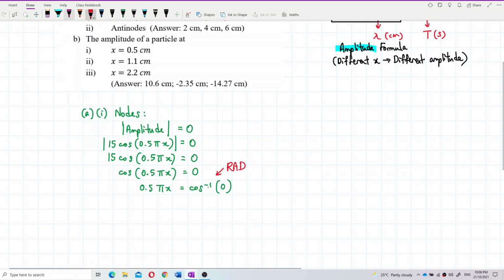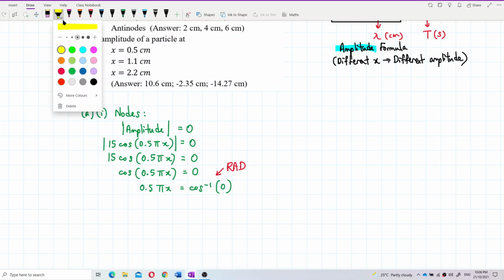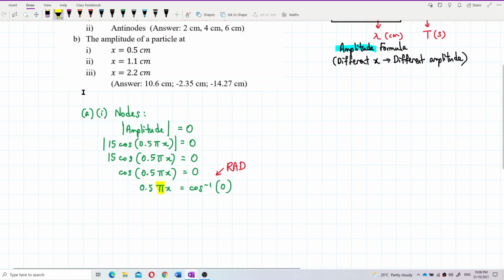Why? Because you have this pi. Pi is in radian. So your calculator needs to be set to radian, not degree.